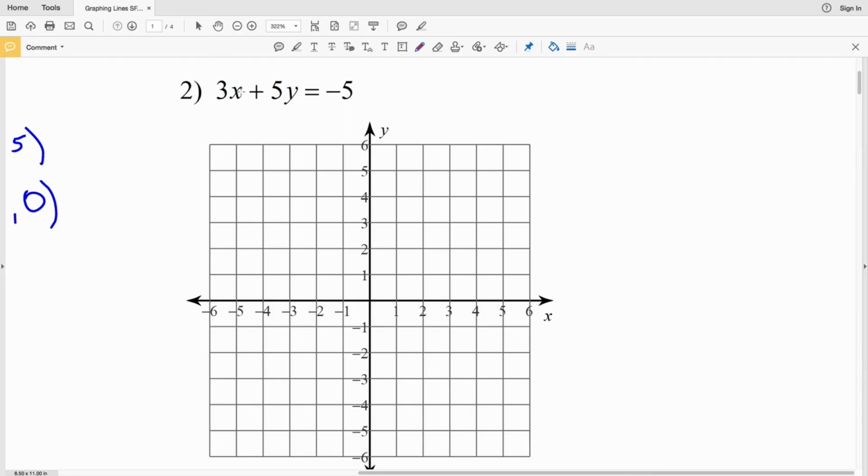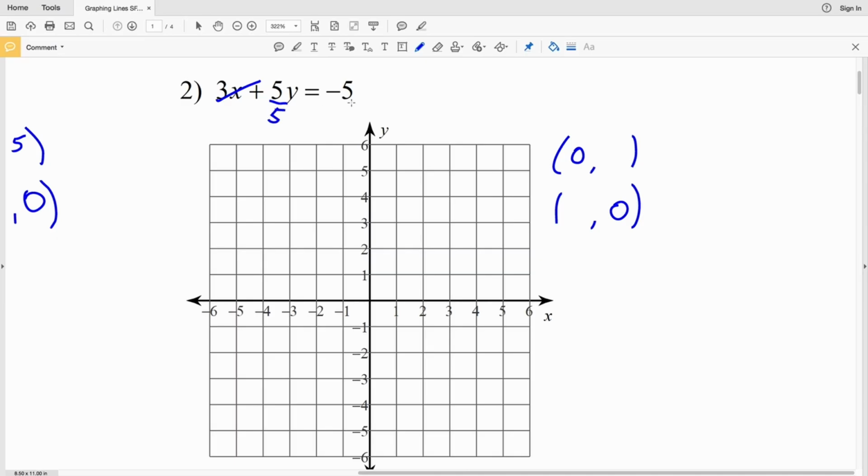In number 2, we have 3x plus 5y equals -5. Again, we're going to solve for when x is 0, and we're going to solve for when y is 0. So if x is 0, 3 times 0 is 0, so we'll be left with 5y equals -5.